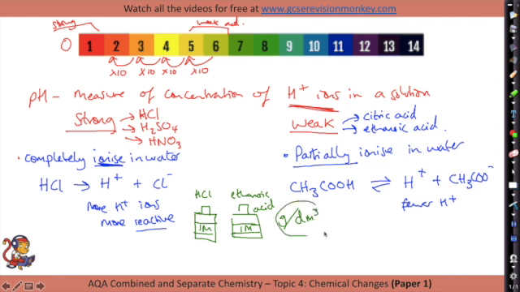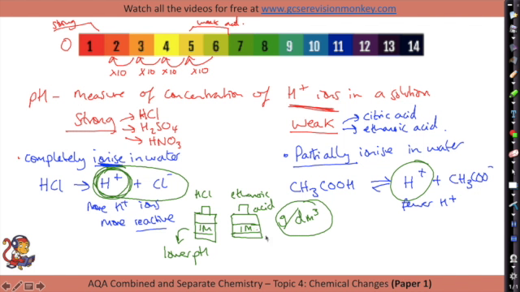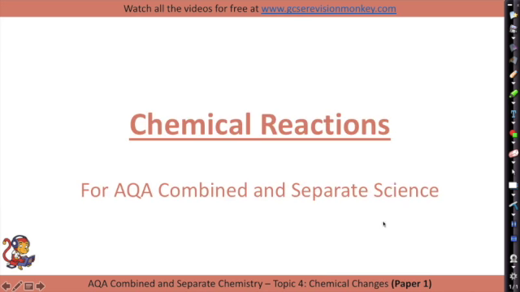Remember those units from concentration. So they've got the same amount of acid dissolved in solution. However, because this one will be completely ionizing in water, producing lots of hydrogen ions, this will be a stronger acid with a lower pH. Whereas this ethanoic acid here will only partially ionize in water, so it will be a weaker acid with a higher pH.